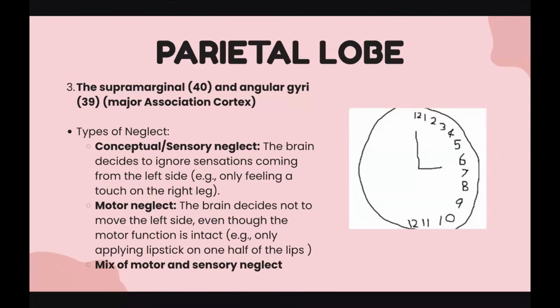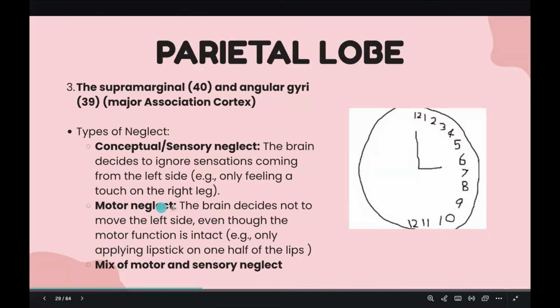And there is motor neglect, which is their brain deciding not to move or function on that affected side, even though the muscles are intact, not damaged per se. It's just that part of the brain does not send any electrical impulses to that muscle for it to move anymore. So that's why it does not move at all. And there is a type of neglect that is a mix of motor and sensory neglect.